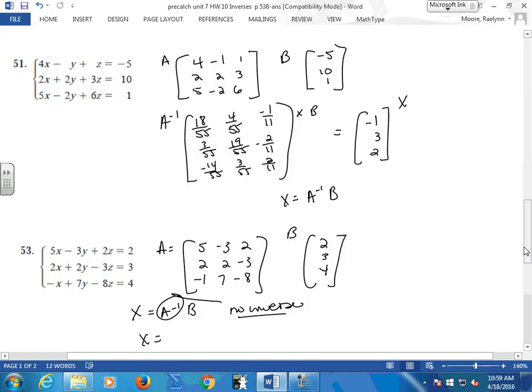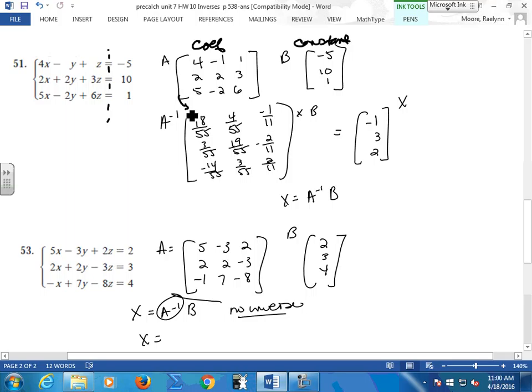You're going to have to know how to do this. If I ask you to solve an equation using an inverse, you're going to have to know that you're separating out your coefficients and your constants. You're going to have to take the inverse of this matrix. I drew it out, but you don't have to do that.